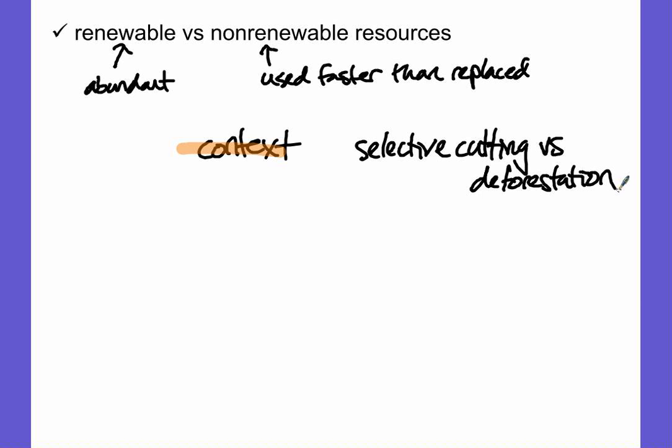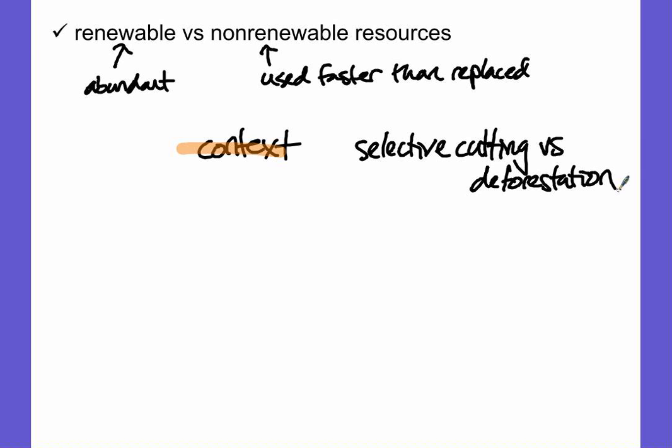If you're selective cutting and then you're planning to replace those trees that are lost, you're using that resource responsibly, and that would make it a renewable resource. But if you're just cutting down the entire forest to use all that wood, that's definitely an example of non-renewable resources. You can't do that forever and expect to still have that resource available.